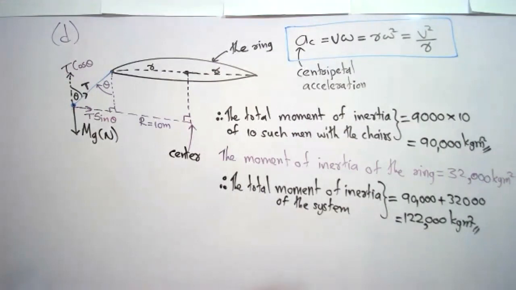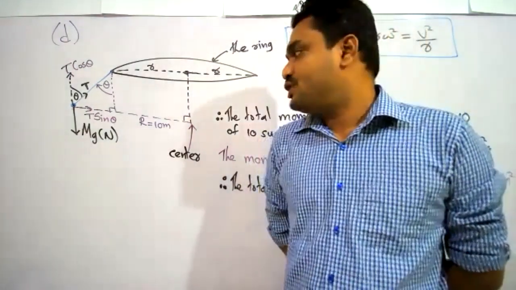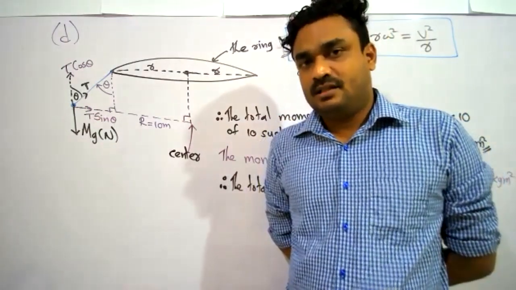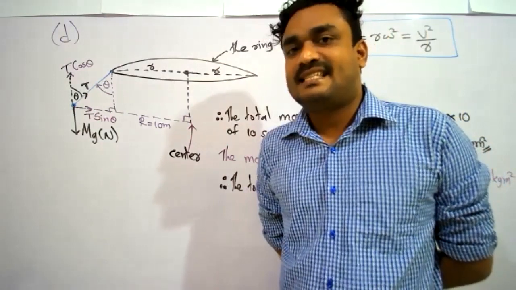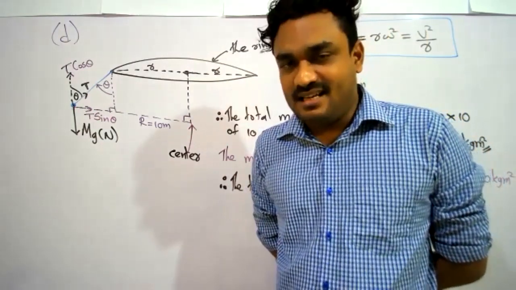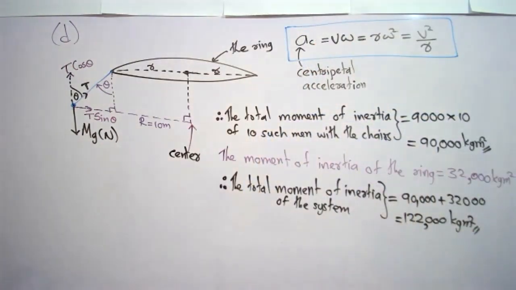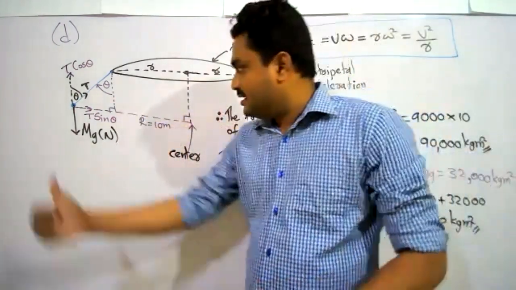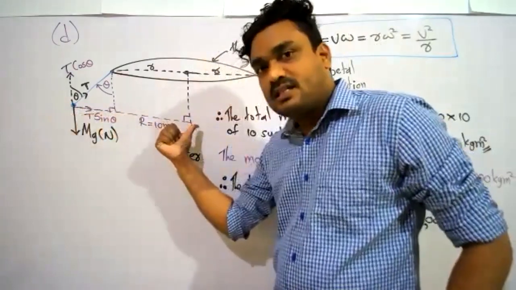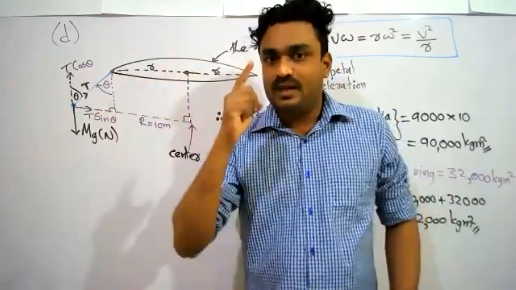T sin theta is the only force component directed towards the center of the circular path along which a man is moving with his seat.